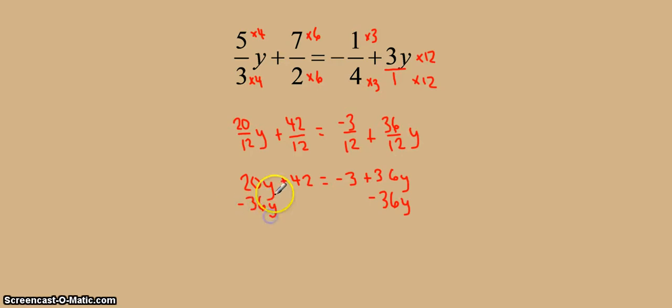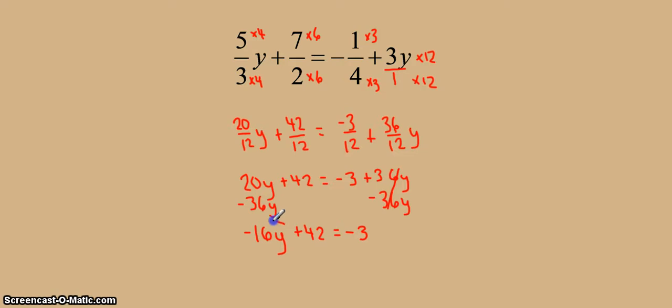Remember, you can only combine y terms with other y terms. 20 subtract 36 is negative 16y. Plus 42 equals negative 3. And this just makes 0.